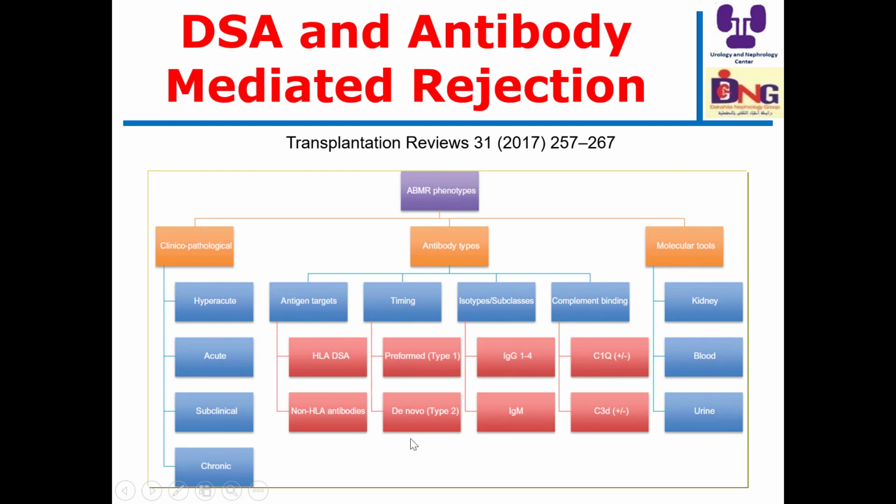Yes. The two major differences: their timing, type 1 occurs earlier, and type 2 occurs a little bit later. And the second, the prognosis of type 2 is worse than type 1. So type 1 has a better prognosis than type 2.